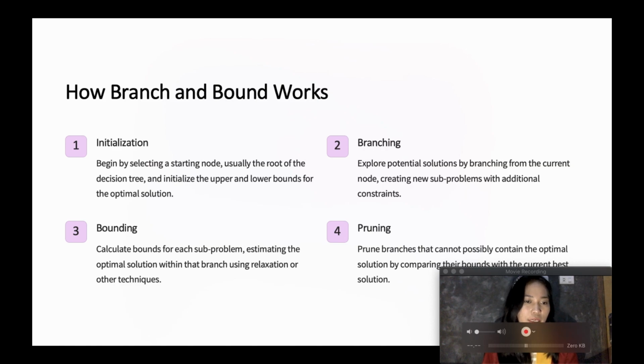Three, bounding. Calculate bounds for each subproblem, estimating the optimal solution within the branch using relaxation or other techniques. Four, pruning. Prune branches that cannot possibly contain the optimal solution by comparing their bounds with the current best solution.